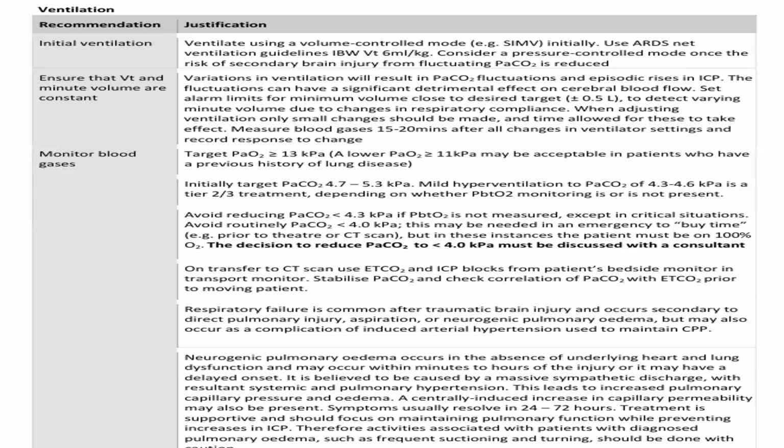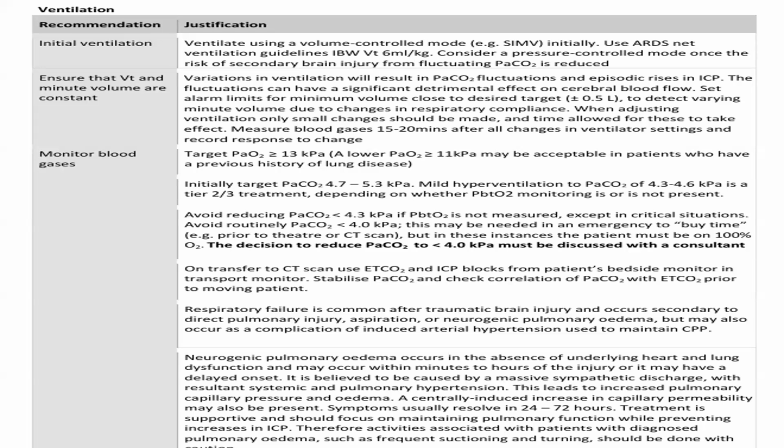Mild hyperventilation to reduce PCO2 level should depend on brain tissue oxygenation monitoring. Avoid reducing PCO2 level below 25 mmHg, except in a critical care situation, which may be needed in an emergency to buy time. On transfer to CT scan, use ETCO2 and ICP from the patient's bedside monitor in the transport monitor.